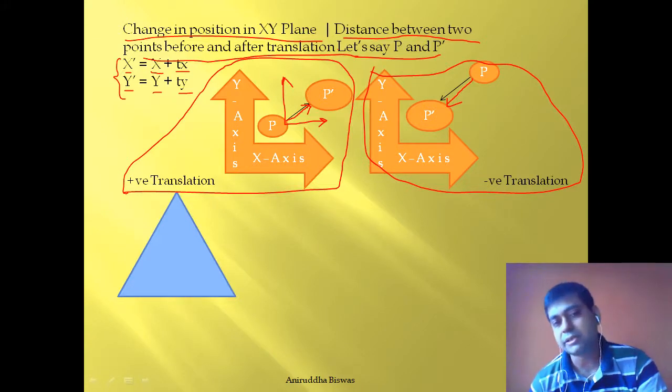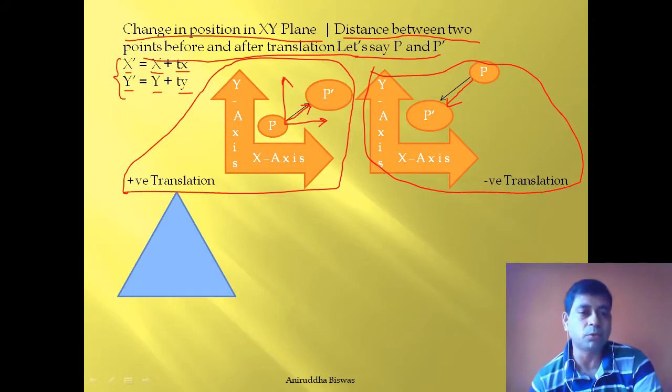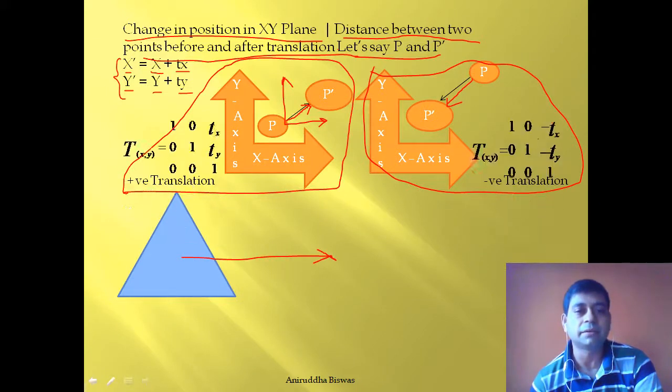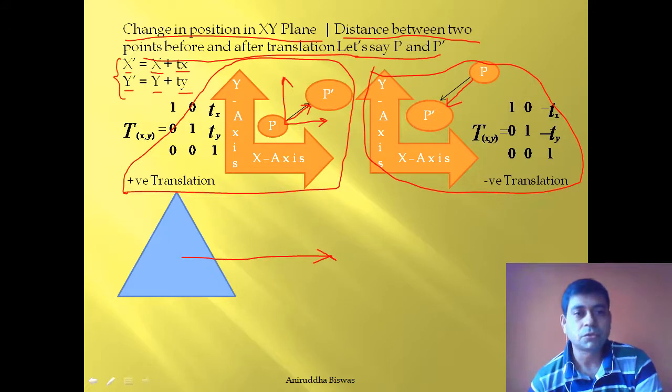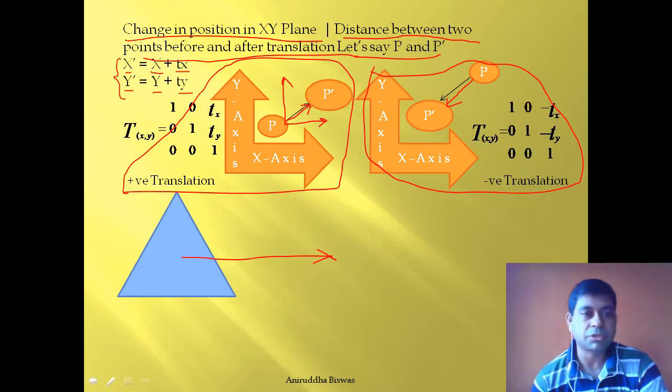So what does translation look like? In the image, this particular blue triangle is supposed to move following this particular line. Okay, so we'll look into the animation as well. Now here first, how to denote this particular translation matrix, right? With the help of this matrix.